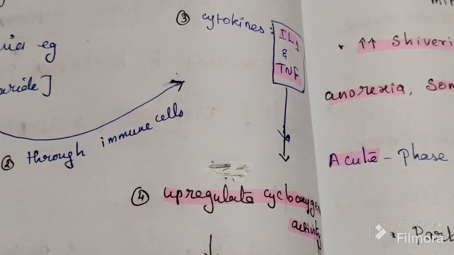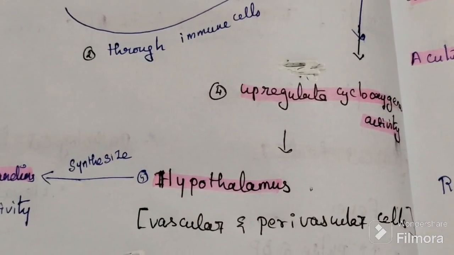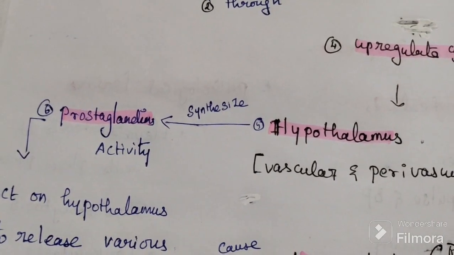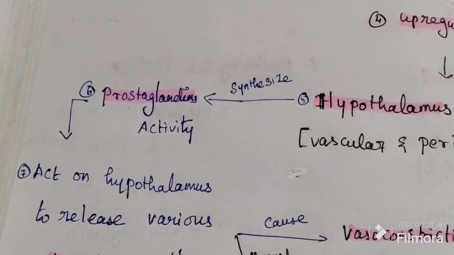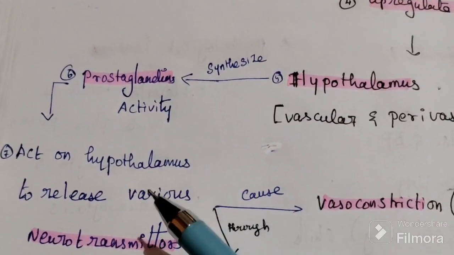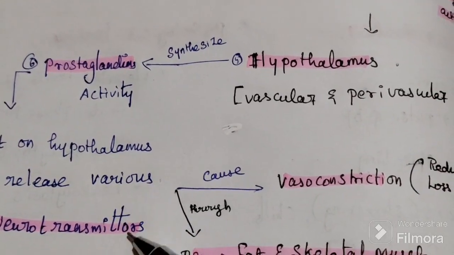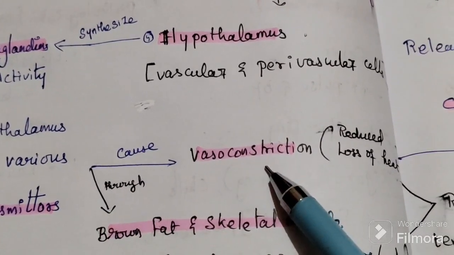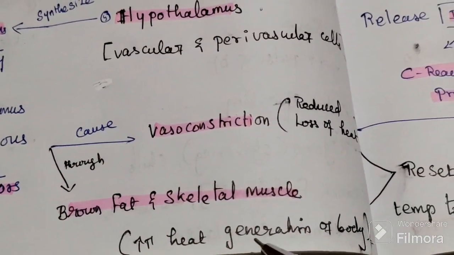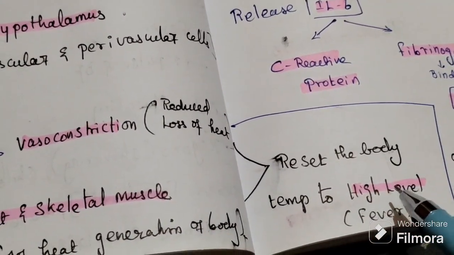These two upgrade cyclooxygenase activity, then they produce prostaglandin, which acts on the hypothalamus. It releases various neurotransmitters that cause vasoconstriction, and through brown fat and skeletal muscles also increase heat. So these are the things by which our body temperature increases.